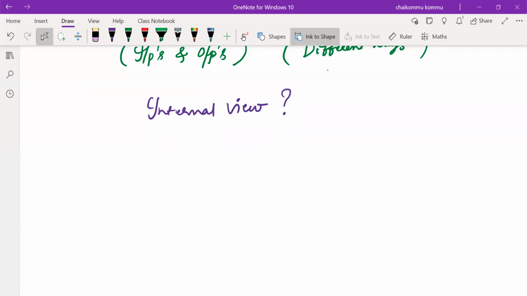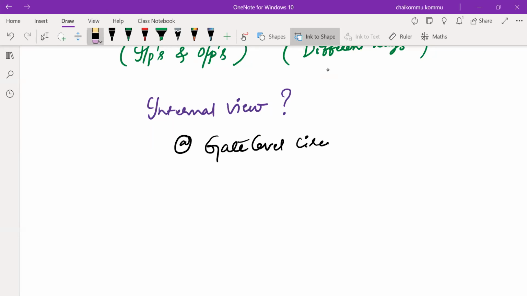The behavior of the circuit can be understood by using a gate level circuit, by looking at the interconnection of the gates.